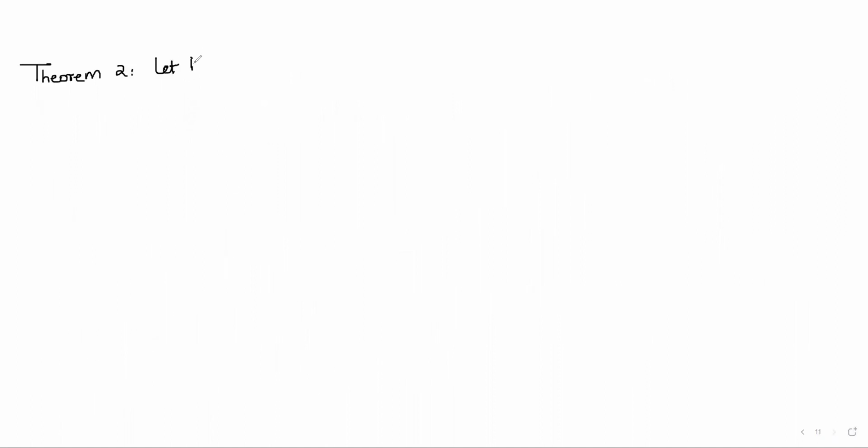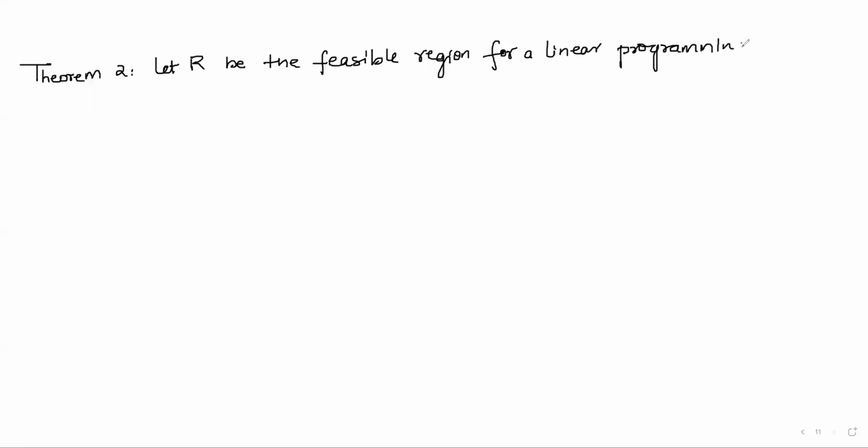Theorem 2: Let R be the feasible region for a linear programming problem, and let Z = AX + BY be the objective function.